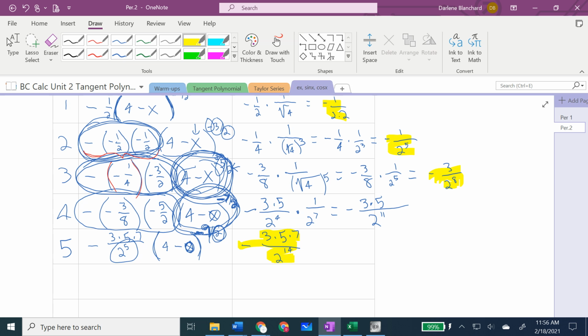So I want you to not feel panicked over, can I come up with a formula and notice the pattern? Also know on the AP test, if you have to find a pattern, it will be a very, very reasonable pattern. It will not be something that you have to think about for a long period of time.